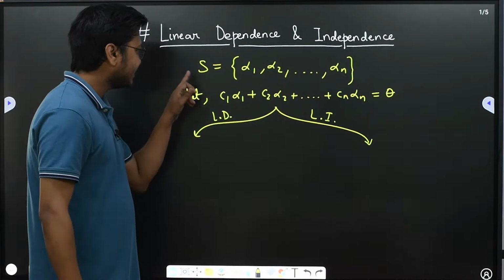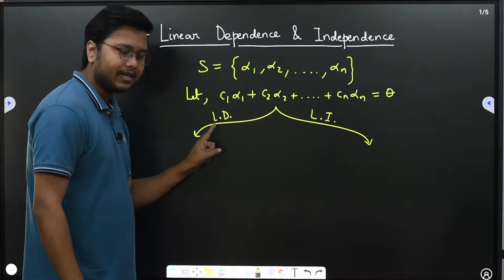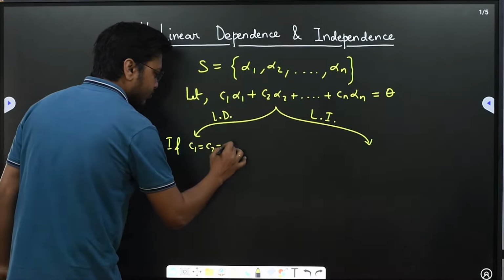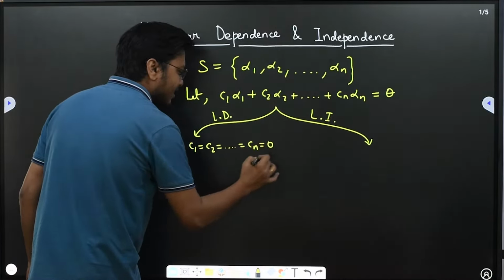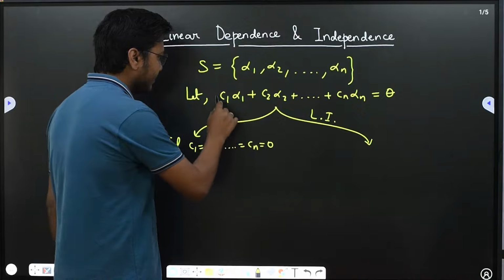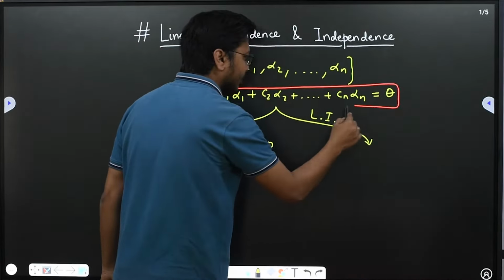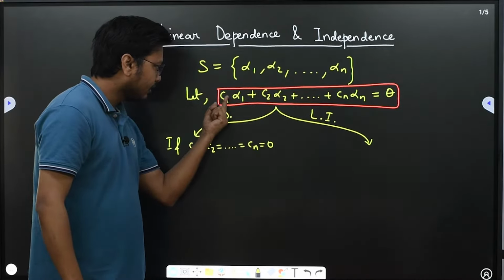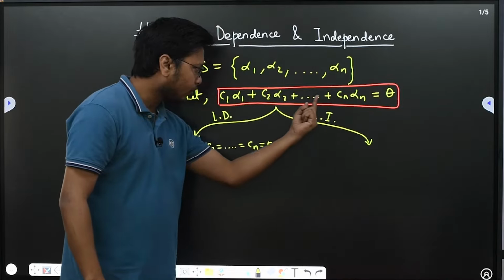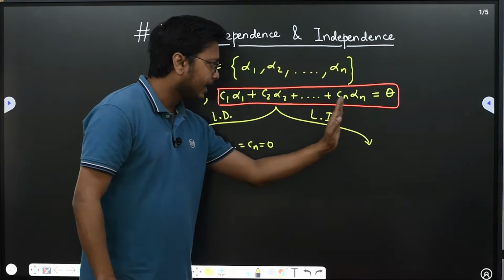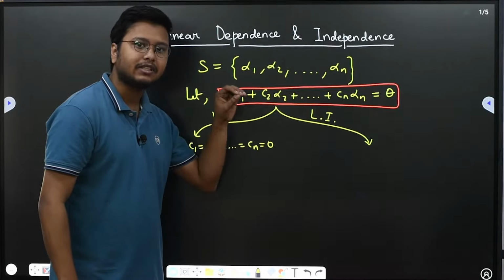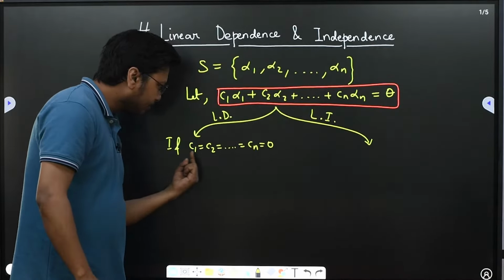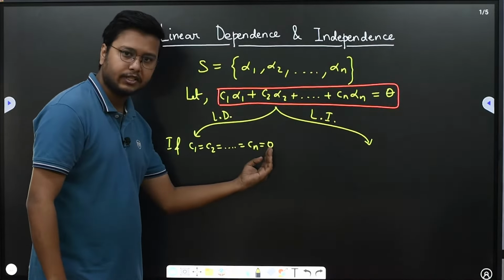Now, the set S is going to be linearly independent if C1 equals C2 equals dot dot dot, all the constants are specifically 0. In this expression, if C1 is 0, C2 is 0 and Cn is 0, all the constants on the LHS are 0, then the entire LHS automatically becomes theta, and the right hand side is also theta. So the equation is satisfied by this solution where all the constants are 0.